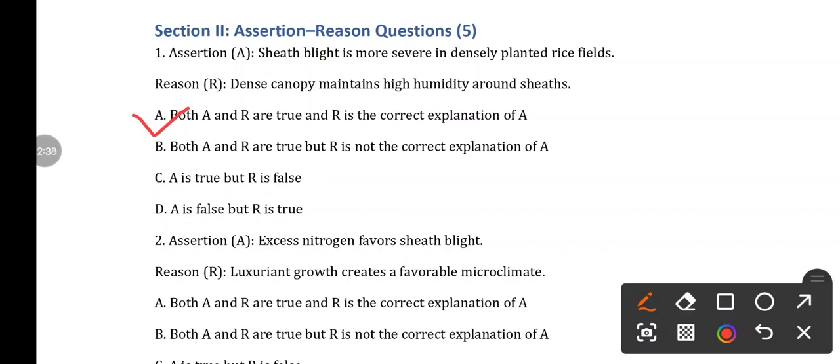Yeah, this is true. The reason is luxuriant growth creates favorable microclimate. So both A and R are correct. Option A is correct, okay? Because the excess nitrogen is modifying the microclimate in favor of the seed blight.